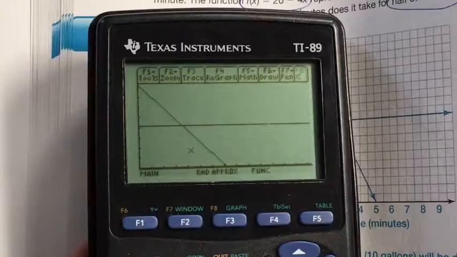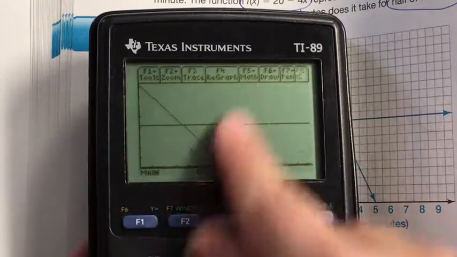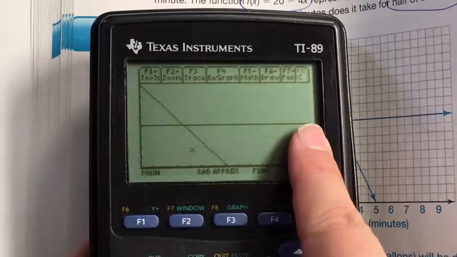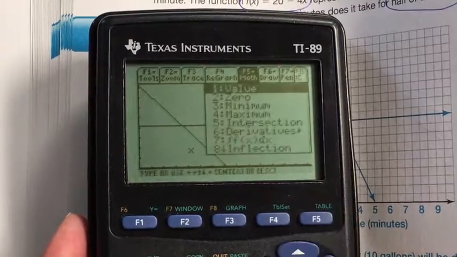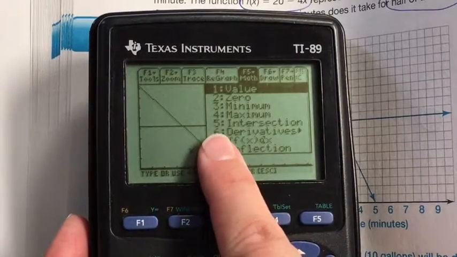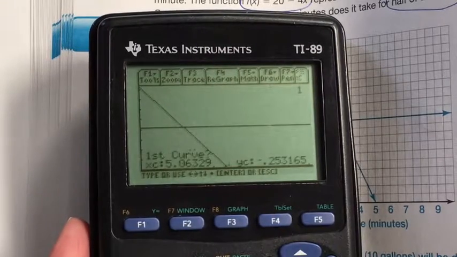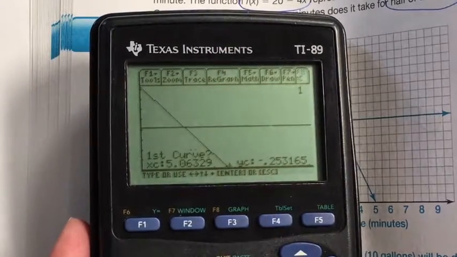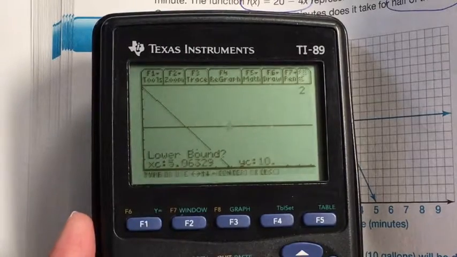These are the calculator directions for the TI 89 for finding where 2 functions graph. So you put the functions in, you made sure to change your window so you could see where they cross, and then we are going to do math. And then 5 for intersection. And then it's going to say first curve, second curve. And then what yours says instead is lower bound.